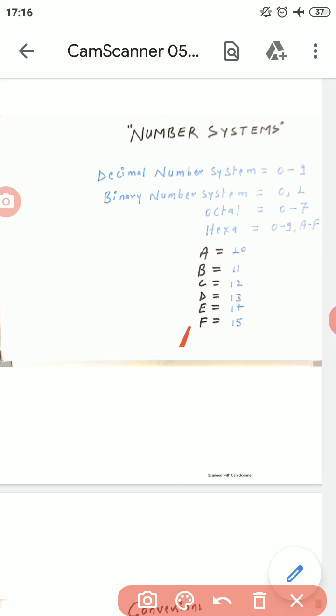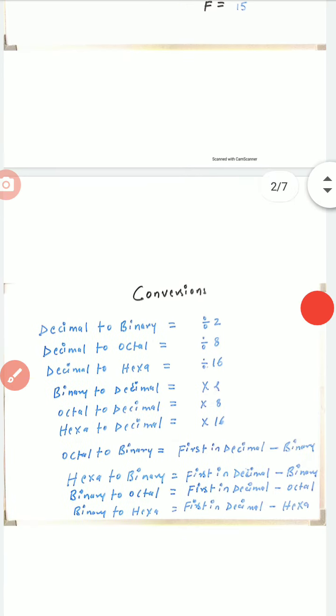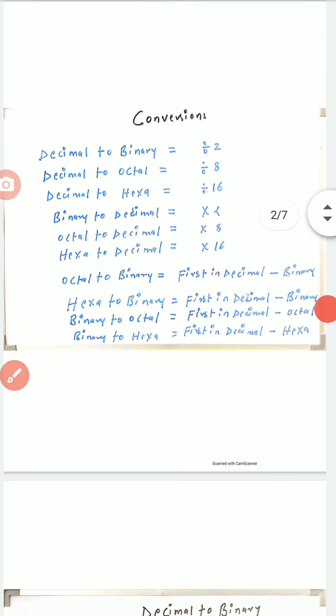So next, before I take you to the practical questions, I'll make you understand what to remember whenever you convert these terms.